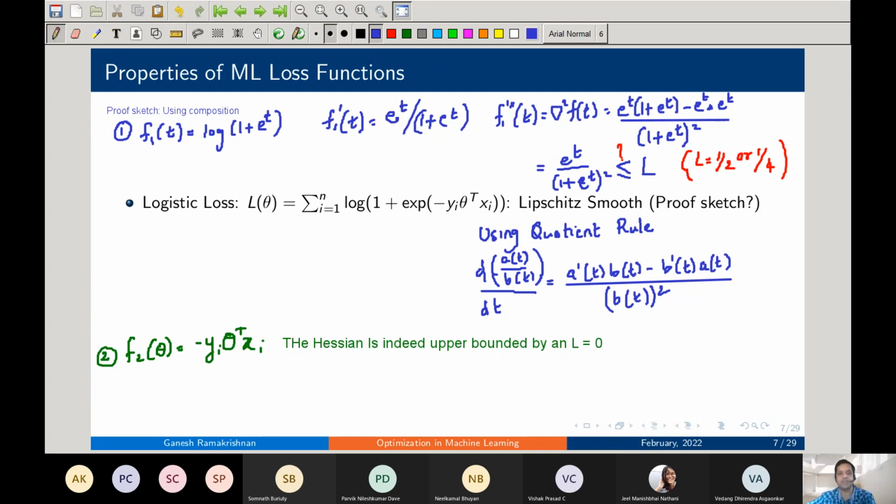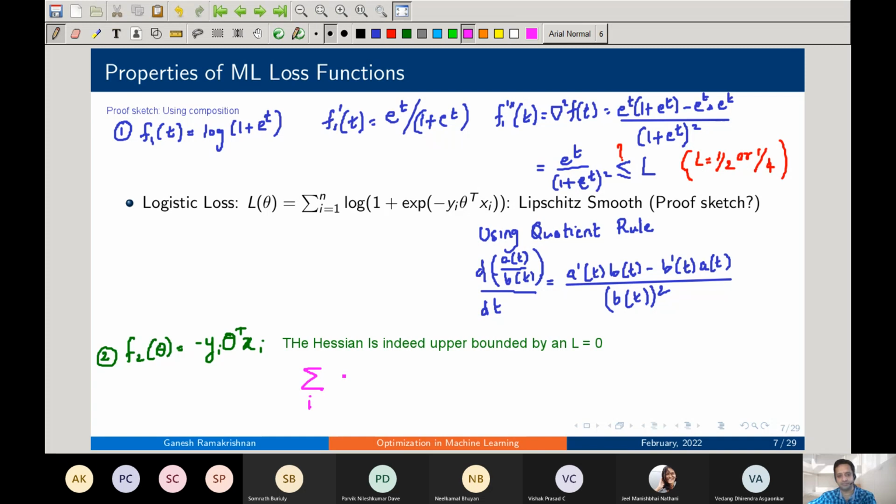do a summation over i's. So i is not a variable as such. I mean, i is indices into different x's which are fixed, right?